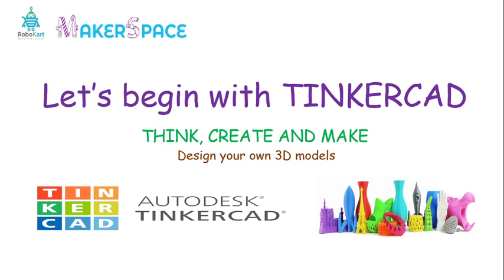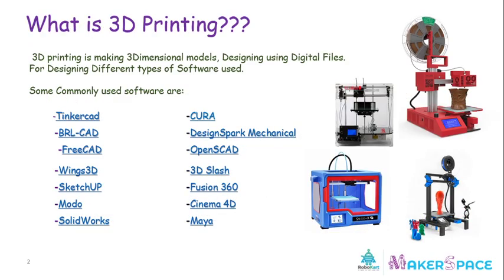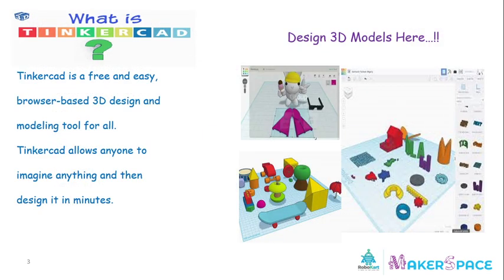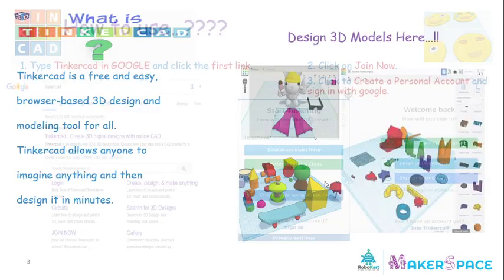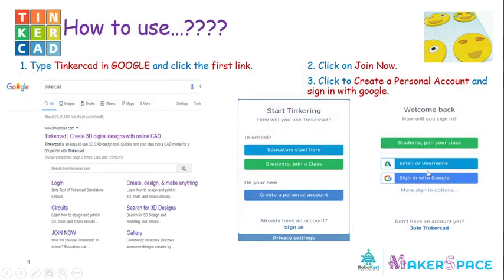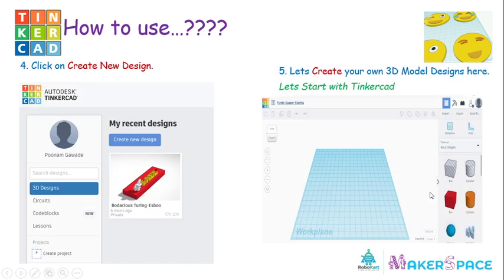So now let's start. These are the software we discussed last time: Tinkercad, Wings 3D, Sketches, Maya, then Fusion 360, and these are some 3D printers or 3D machines which are used for 3D modeling. Then we learned how to operate 3D software, and how to create an account in Tinkercad. We also had one session on Tinkercad in which we learned how to create different kinds of circuit diagrams by using breadboards.